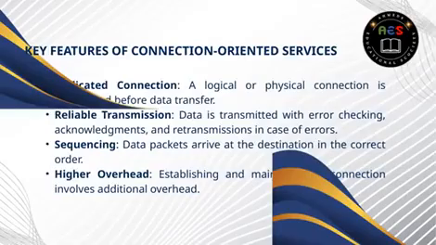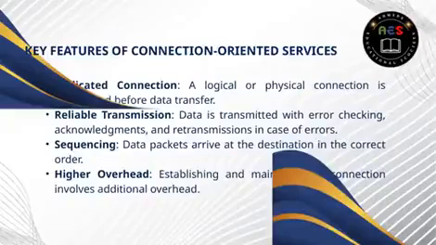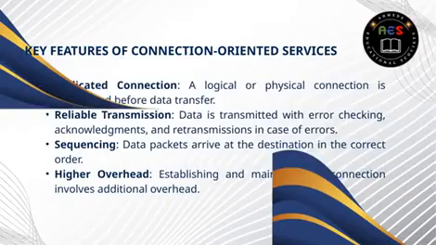Sequencing is also vital. It ensures that data packets arrive in the correct order, even if they take different routes or experience delays along the way. This maintains data integrity and makes sure everything is assembled properly at the receiving end. However, it's important to recognize that these features come with a trade-off: higher overhead.